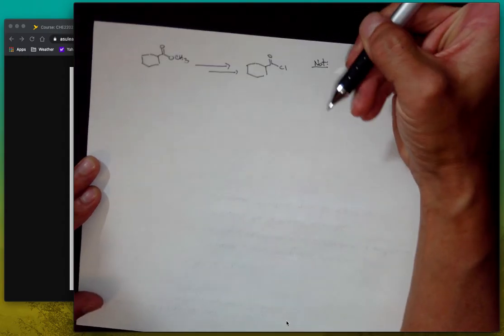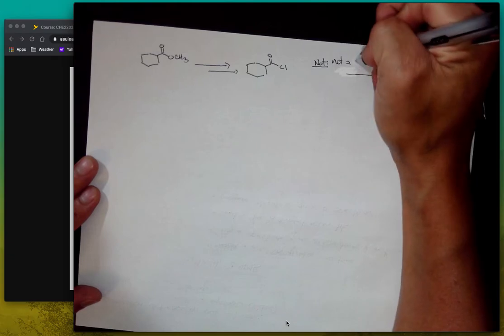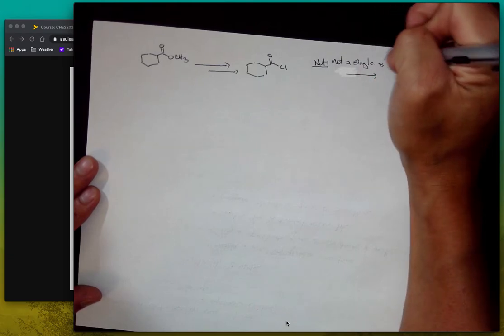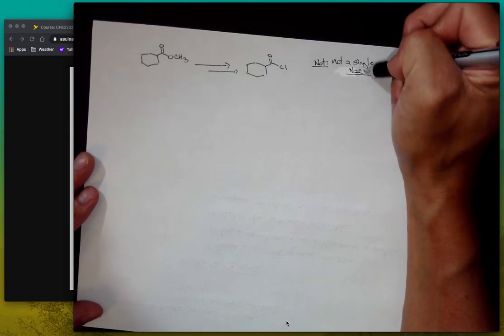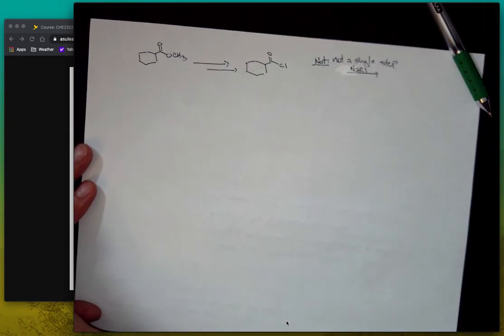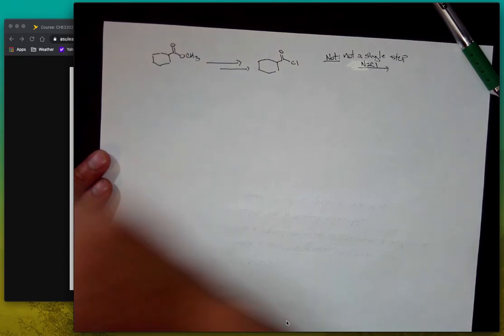And so you would not be able to accomplish it in a single step, wherein you could just envision using NaCl as your nucleophile. That would not work because this acid chloride is more reactive than its corresponding amide and ester.